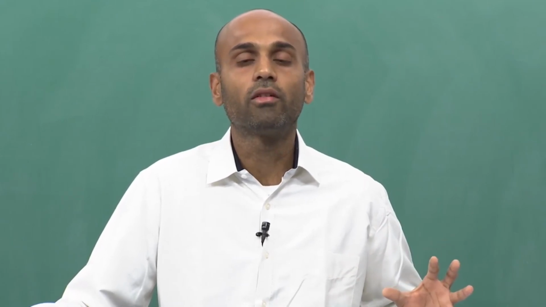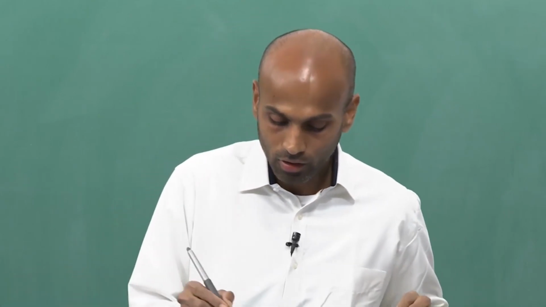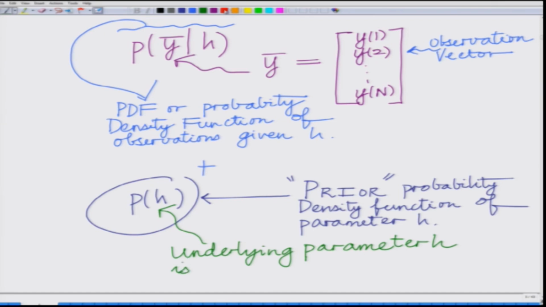However, if you are not familiar with that concept, it does not matter. In the Bayesian framework, we assume that the underlying parameter H is random in nature, hence it is associated with the probability density function, that is P of H. Therefore, P of H denotes the important fact that this underlying parameter H is random in nature.